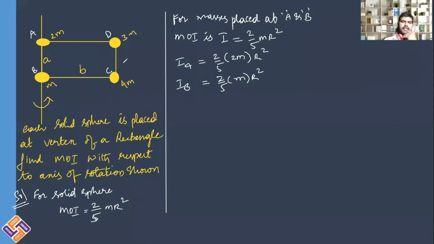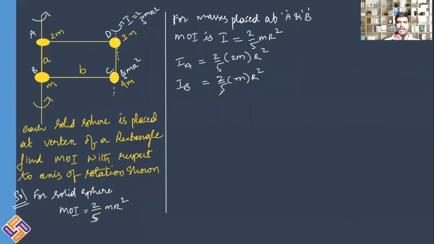Coming to C and D, they already have a moment of inertia with respect to their own central axis. With respect to that axis, if they are rotated, you can write I is equal to 2 by 5 m r square. But here it is not like that. The axis is in this way.